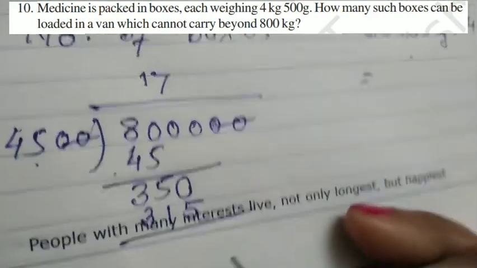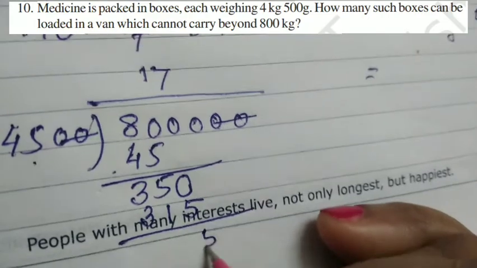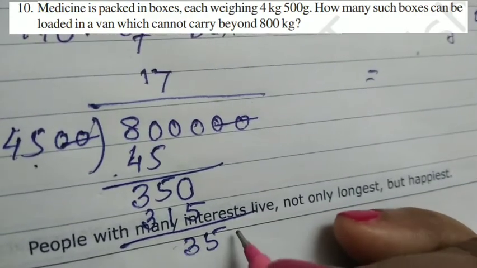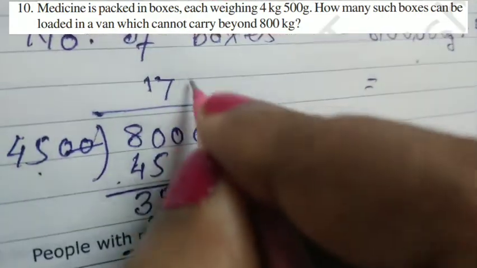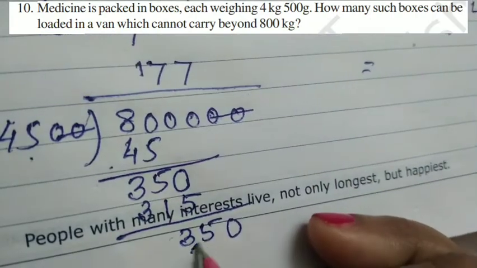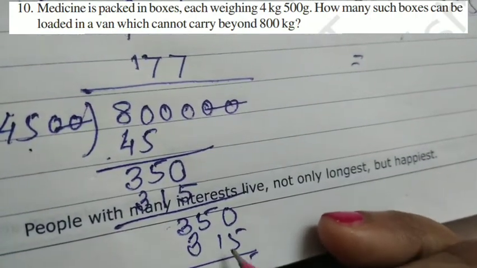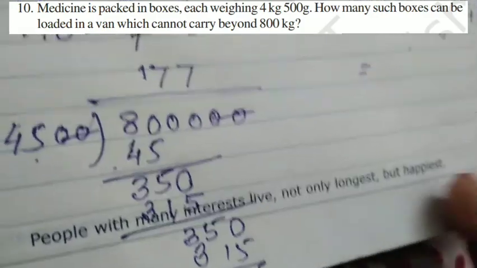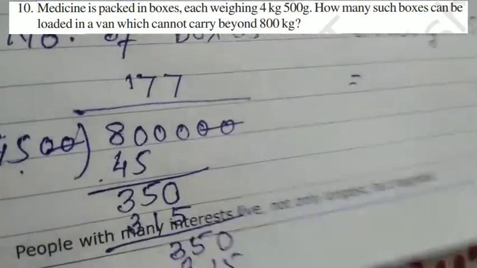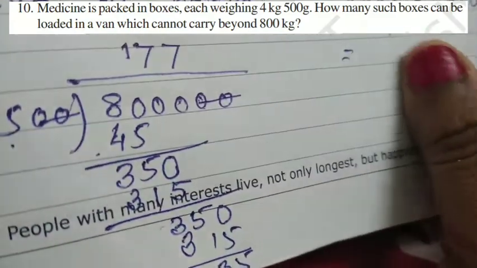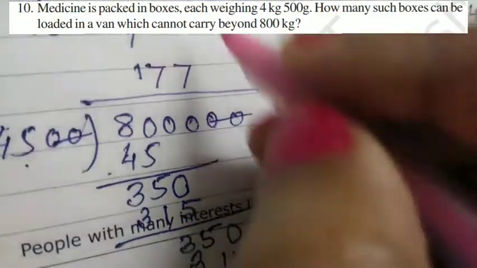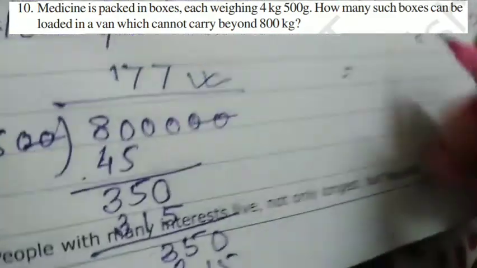It is going beyond, just please bear with me. 2, again 350, again I will have with 7. So again 315. So there will be a space of around 35 grams which will be there. Okay, but the number of boxes that will be required is 177.